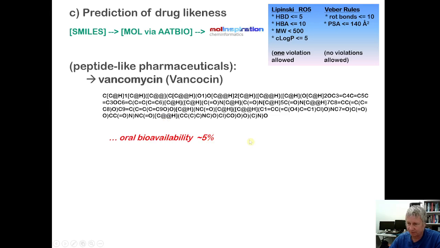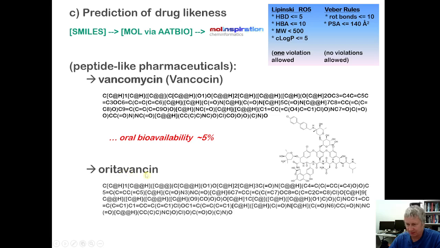Vancomycin is one of these drugs that you would administer by IV because it's so poorly bioavailable, and maybe it could be used for a stomach infection or something. I'm not sure if that's true or not, but some drugs can be poorly bioavailable but used to treat conditions in the stomach. Let's do one more.